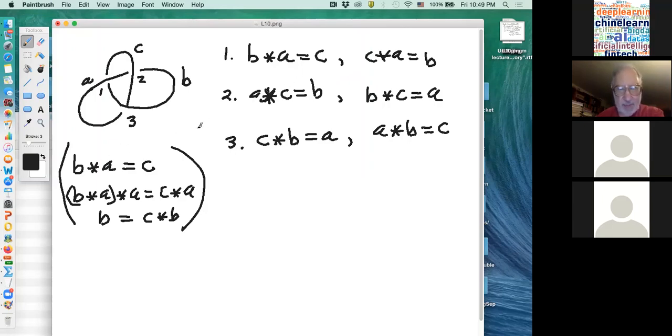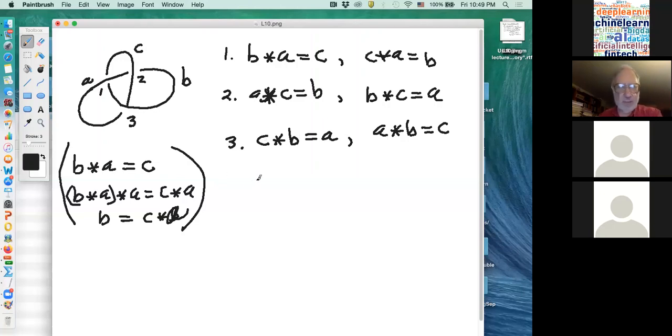Here: A times C equals B, B times C equals A, C times B equals A, B times A equals C. 2 relations at every crossing.